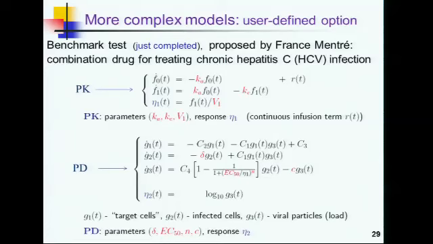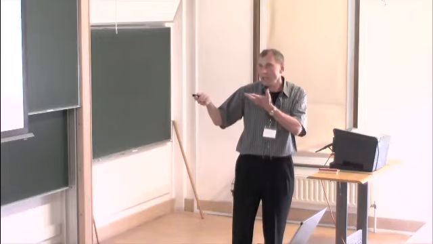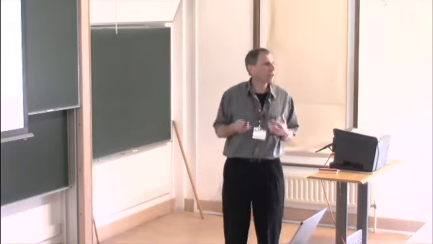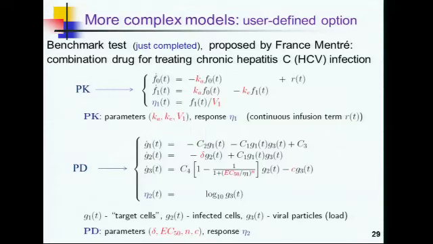The PK component, the concentration, enters the PD component, and we were able to construct Fisher information matrices for this example, and at the end established that all 5 software tools give exactly the same results, which was really a nice validation of what we are doing. And you may take a look at this model. It's not that simple. So I think it was a very good example, particularly for me.